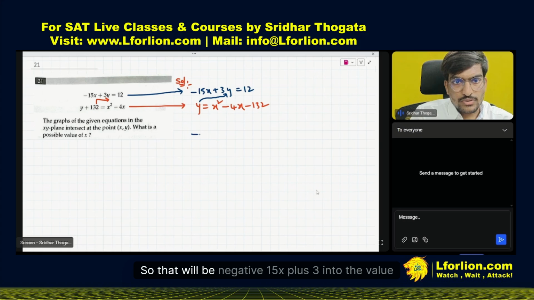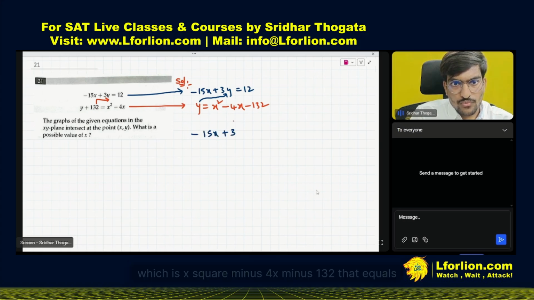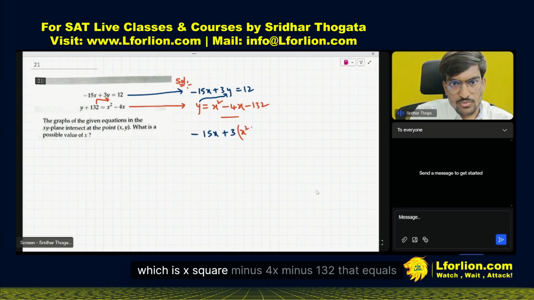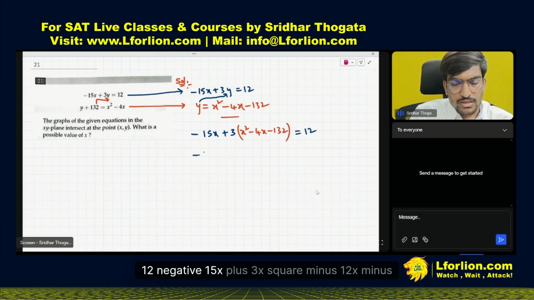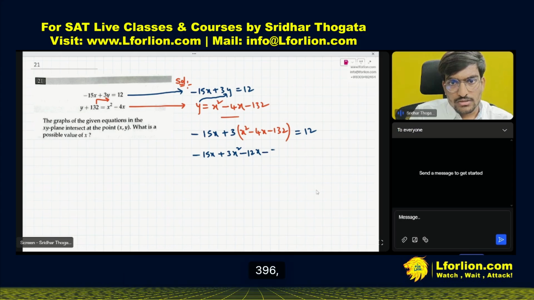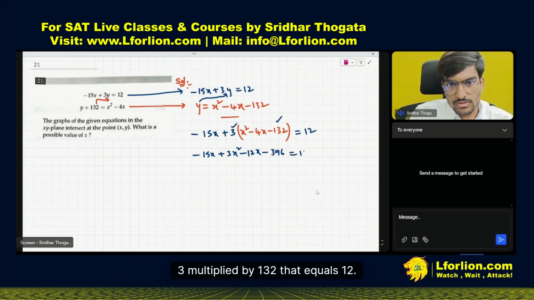So that will be negative 15x plus 3 into the value of y, which is x square minus 4x minus 132, that equals 12. Negative 15x plus 3x square minus 12x minus 396, 3 multiplied by 132, that equals 12.